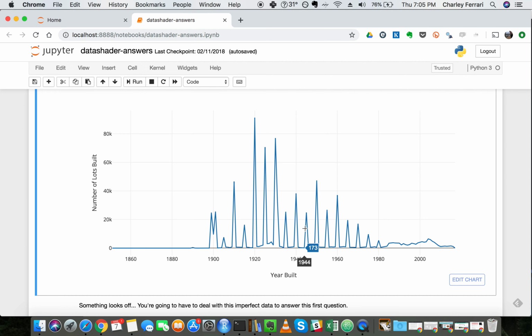Before around the 80s, you have a bunch of spikes, and I think around 85 you start getting smoother results. And the spikes end up leading to a misleading visualization if you just naively plot it out like this.